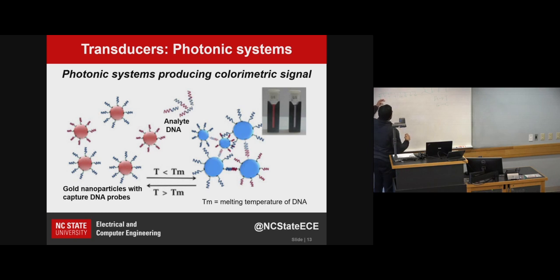If I want to detect this analyte, I'll need a complementary strand that specifically interacts with it, right? And that will be A, A, A, C, C, C. Okay, so I know if I want to detect this, I need a probe, which is basically this one.